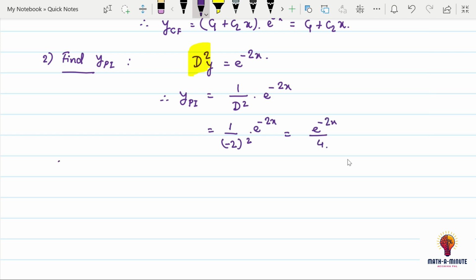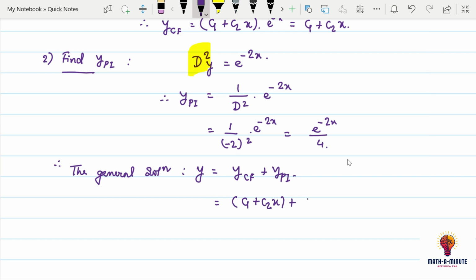Therefore, for this problem, the general solution will be y equals y CF plus y PI, and we already calculated y CF: C1 plus C2x plus y PI, which is e to the power minus 2x by 4.